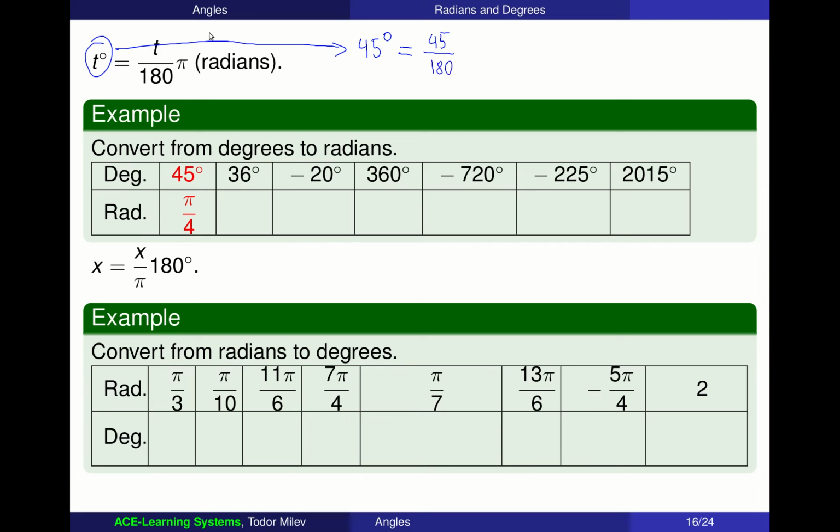So I've removed the circle, and I've put the number upstairs, and then I'm multiplying that by pi. So 45 divided by 180 happens to be 1/4 times pi.